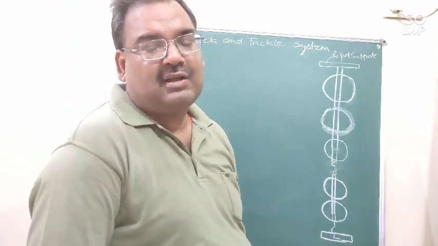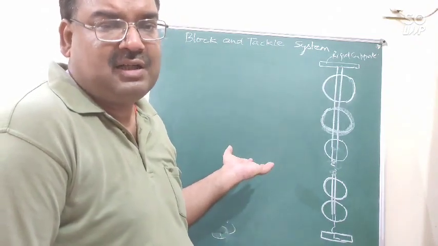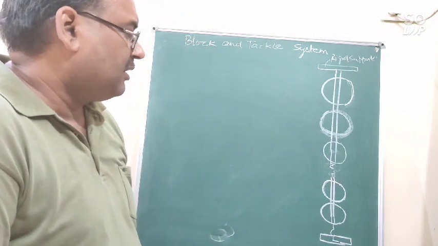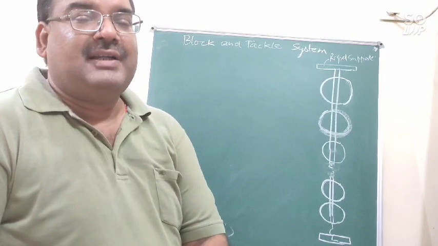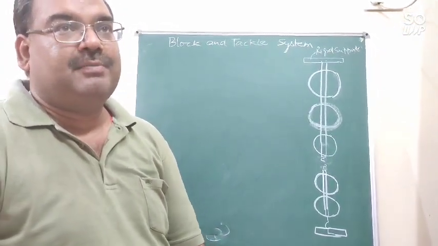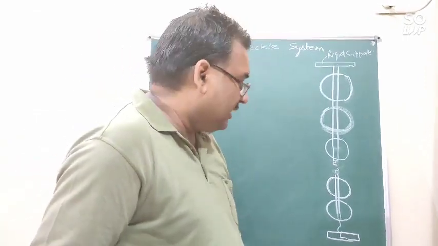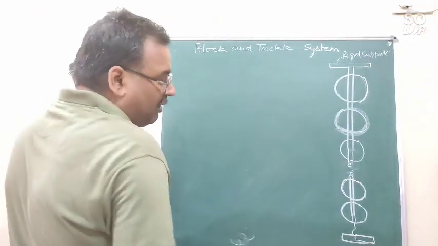You are asked to draw the tackle in the board examination. This question is more often asked in the examination. So you are supposed to put the tackle. When we have a block and tackle system in which the number of pulleys is unequal in the upper block and the lower block, then we start putting the tackle from the lower end. See, now you can see how I put the tackle.